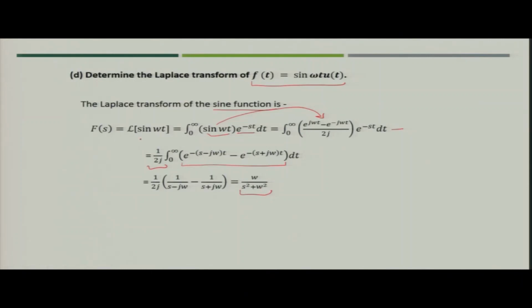So, for the function sin omega t, the Laplace transform is omega upon s square plus omega square. Similarly, if you put cos omega t instead of sin omega t, you will get the expression s upon s square plus omega square. You can verify this offline by solving the integration with cos omega t, where the expression will change in that case.